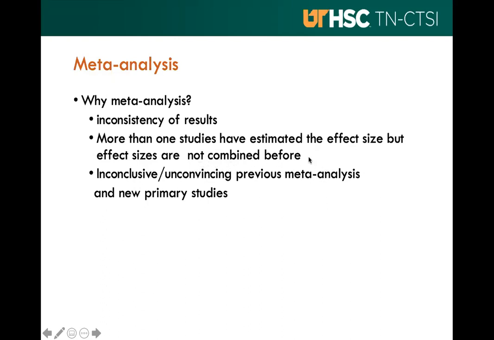So if multiple studies have been conducted with inconsistent results, we conduct a meta-analysis rather than adding many other studies. And when there is an inconclusive or unconvincing previous meta-analysis and new primary studies have been conducted, we conduct a revised meta-analysis.